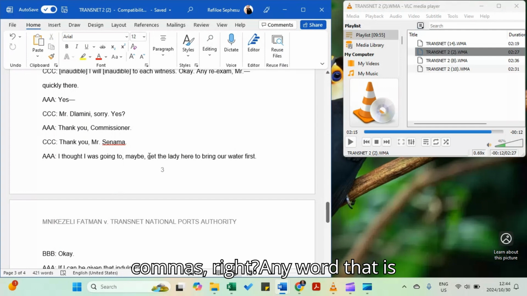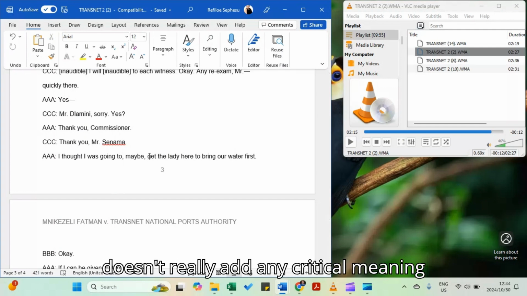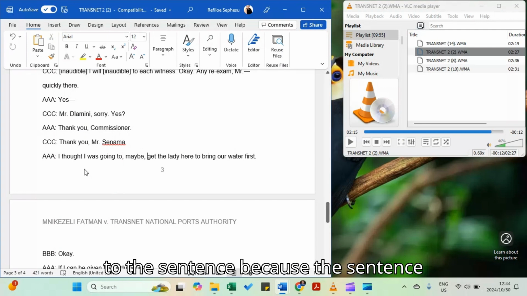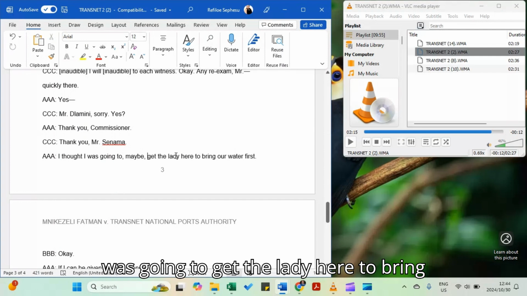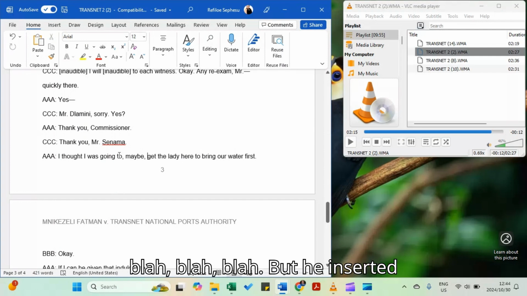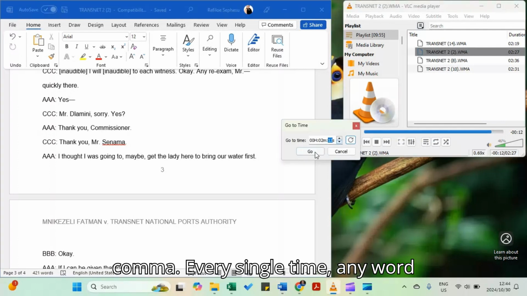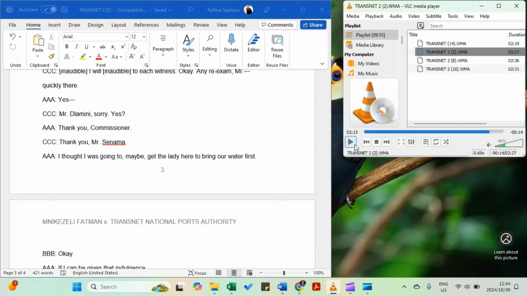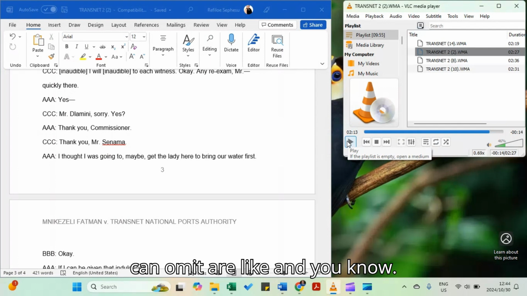Any word that is inserted into a sentence unnecessarily doesn't really add any critical meaning to the sentence, because the sentence would read fine if he said, I thought I was going to get the lady here to bring blah blah blah, okay? But he inserted the word maybe, so we offset it with a comma every single time. Any word that we cannot omit, okay, and the only two words we can omit are like and you know, okay?